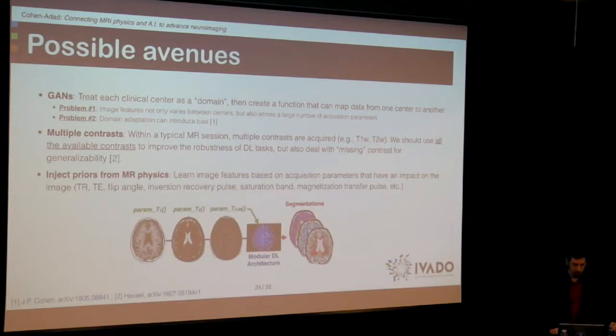One avenue that has been less discussed in the literature is to inject priors from the MR physics world. And the idea here is that we know what we type in when we scan someone. We know what would be, let's say, the TR parameter, the TE parameter.